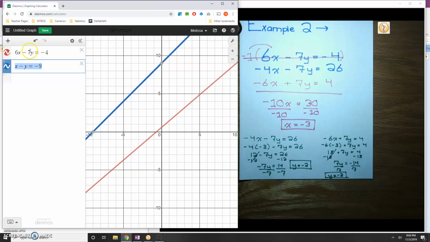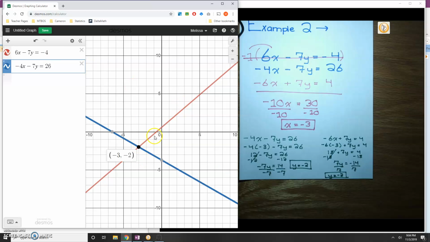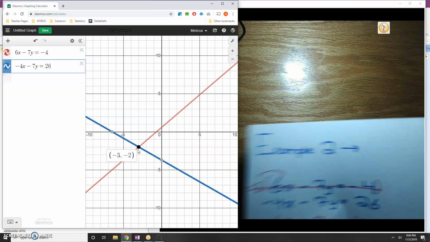So 6x minus 7y equals -4. -4x minus 7y equals 26. And x equals -3, y equals -2. That is our solution.